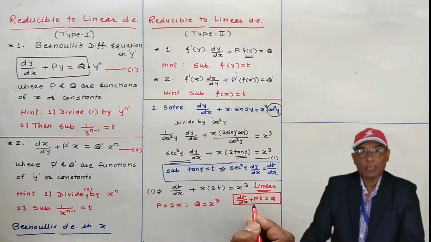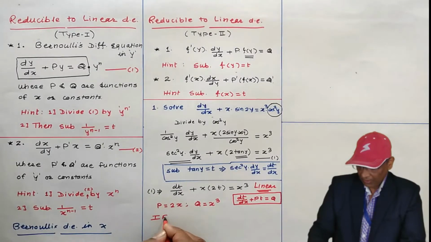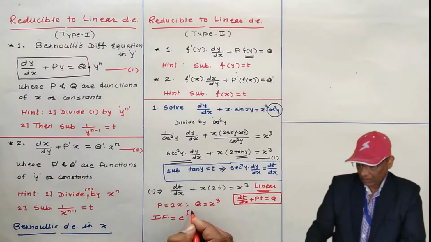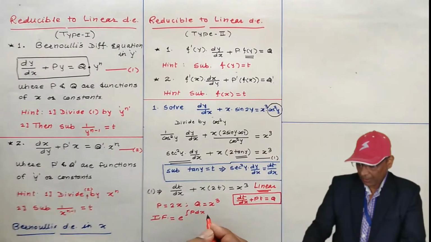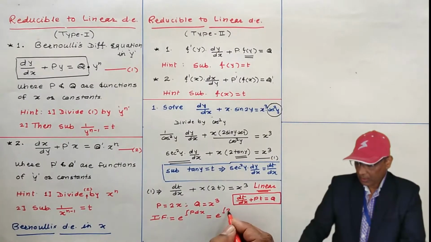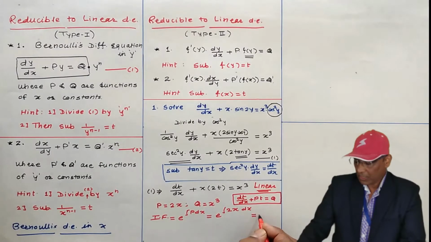How to solve a linear differential equation? A linear differential equation requires an integrating factor. The formula for the integrating factor is e to the power integration of p. What is p here? 2x. And the integration of 2x is x square.